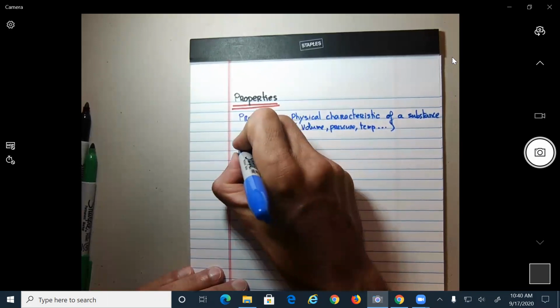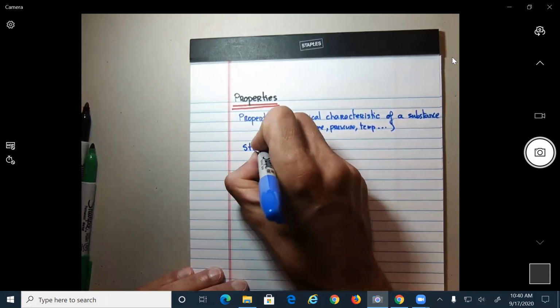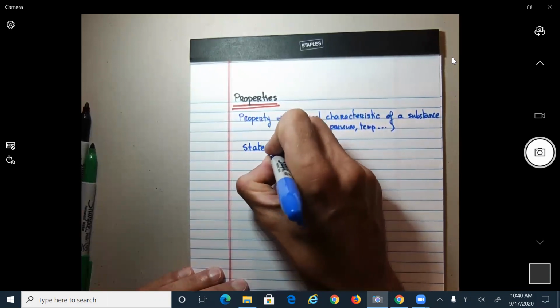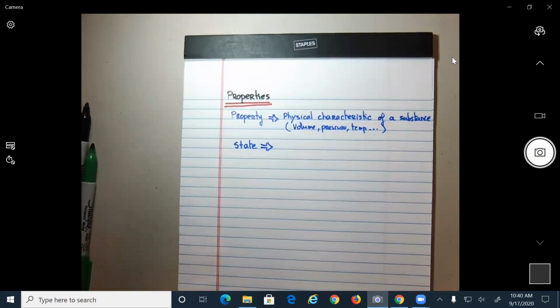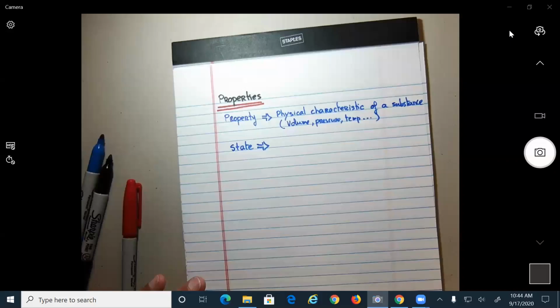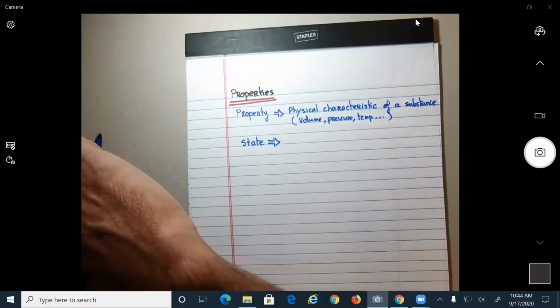Now, the second definition, which is a bit the same, what is the state of a substance? The state of the substance is defined by the values of its properties. Okay, so liquid, water, or gas. All right, so over here, what's happening now?